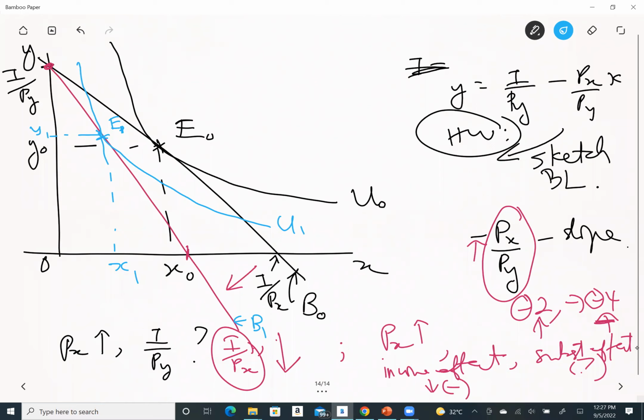So the thing is, the price of X increases.